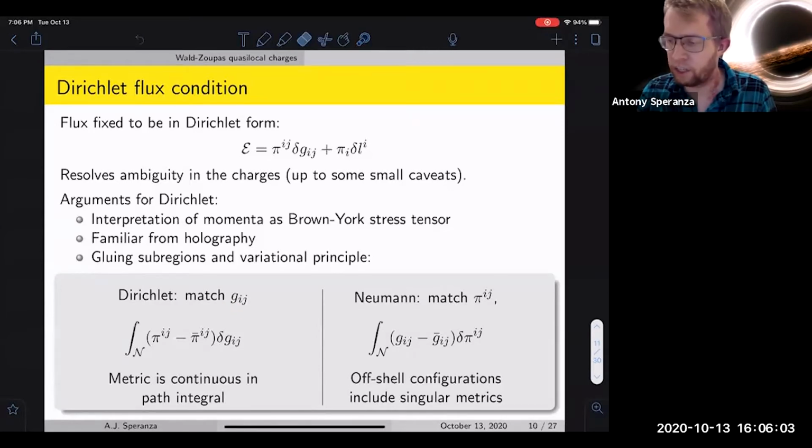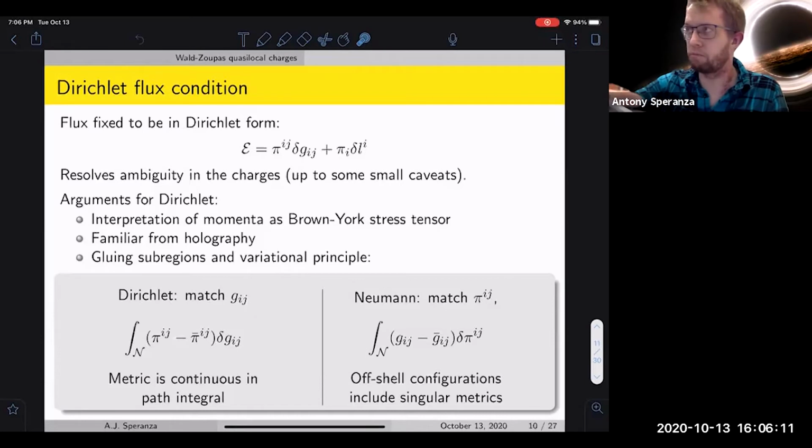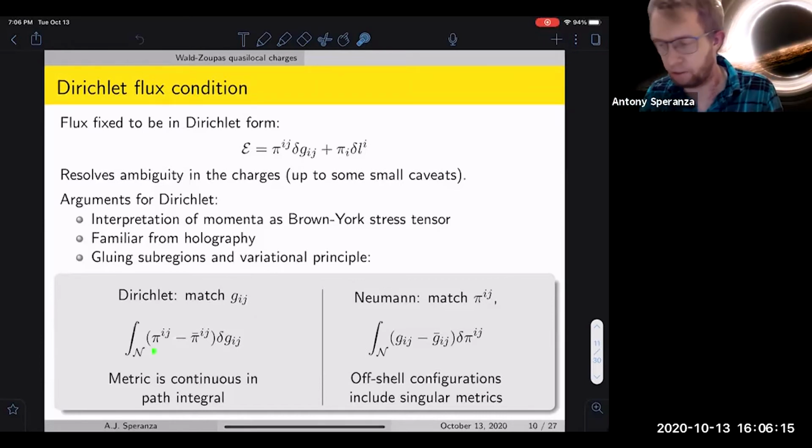And then the variational principle dynamically sets the conjugate momenta to 0. Or if you had an actual distributional stress tensor there, or some sort of brane, this would be set equal to the distributional stress energy. But in a path integral where you're looking at off-shell configurations, this form of the flux ensures that the metric is continuous across the surface, even in the path integral.